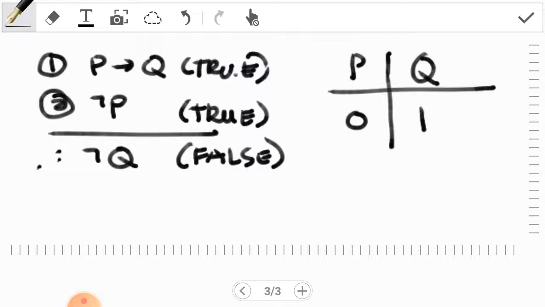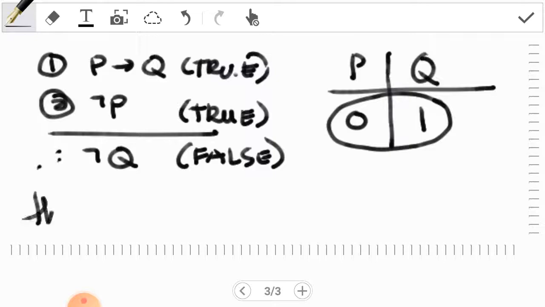Okay? So, what is the significance of this? We have shown that if P is false and Q is true, then premise 1 is true, premise 2 is true, but the conclusion is false.